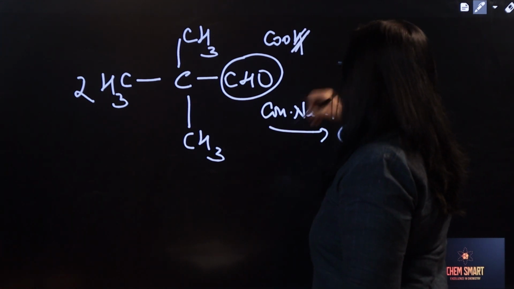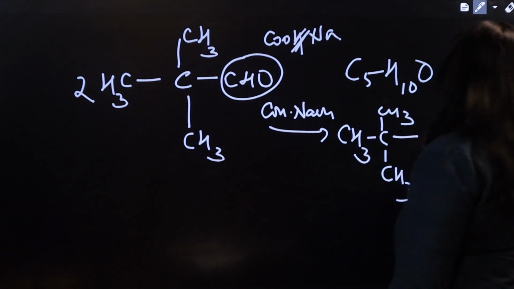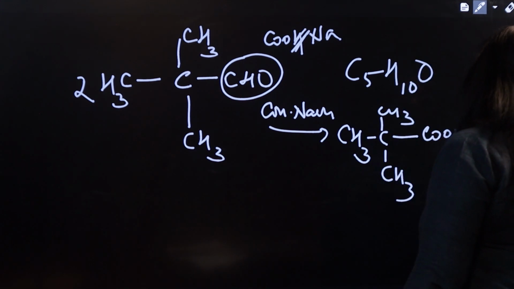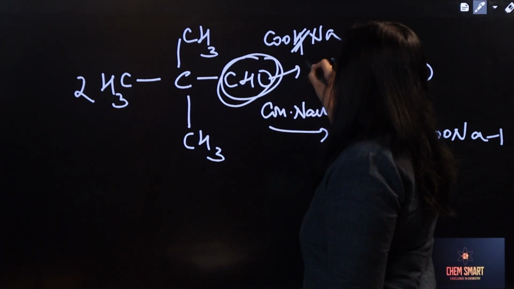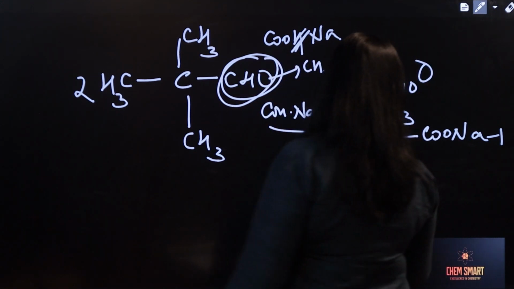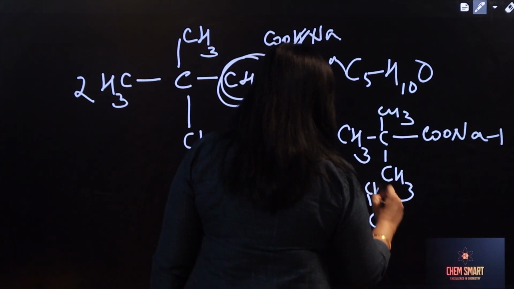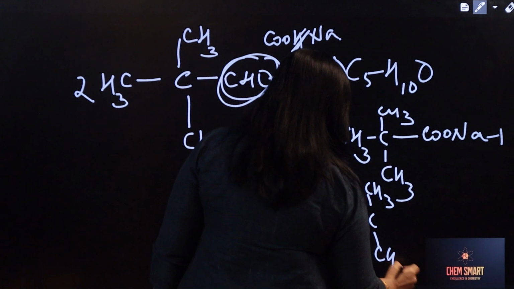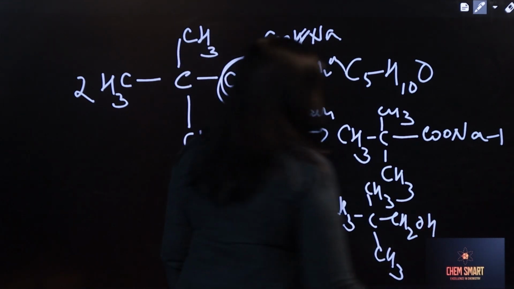This H will get replaced by Na because the acid will combine with the base to form a salt. So it will be COONa. Plus, the second molecule, this CHO will get reduced into a primary alcoholic group. So the second product will be (CH3)3C, and in the place of CHO, you have to put CH2OH.